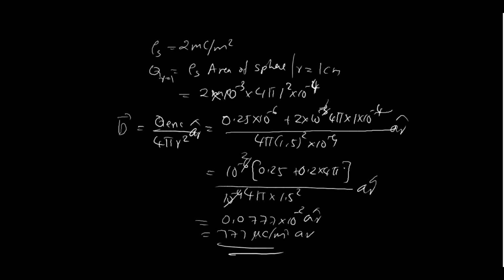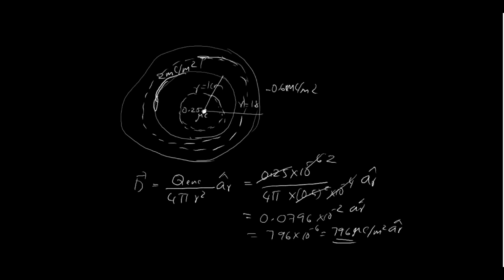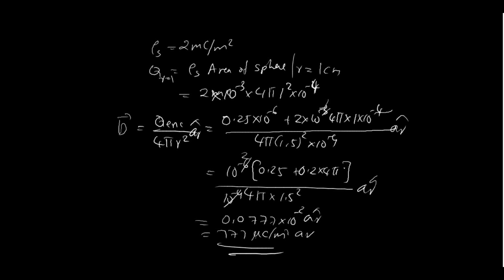Now the third case is we have to find it at r equal to 2.5 centimeter. So r equal to 2.5 centimeter encloses all the charges, right? So charges are 0.25 microcoulomb plus 2 millicoulomb per meter square into 4 pi r square, plus minus, like this.